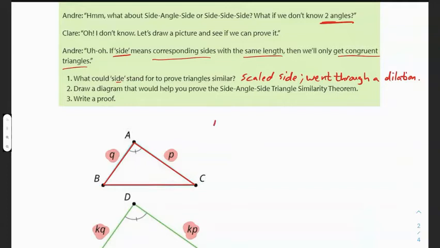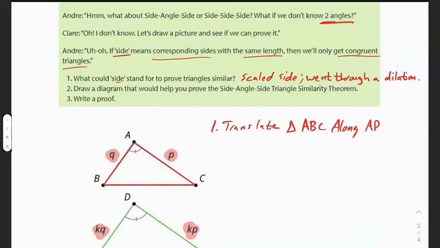So first things first, I'm going to go ahead and translate triangle ABC along the directed line segment of AD.